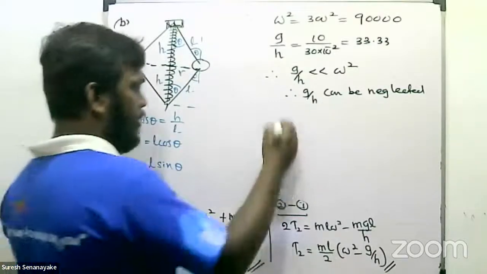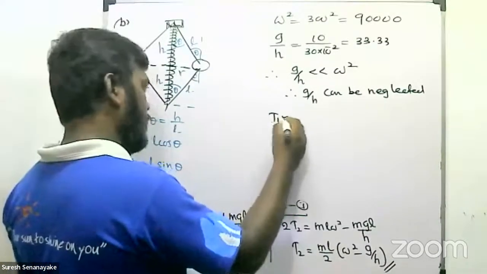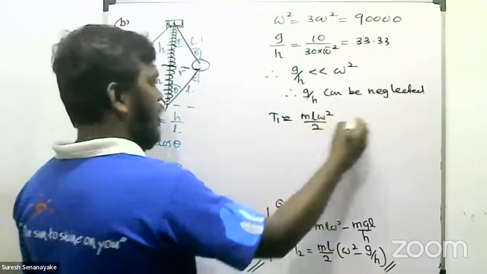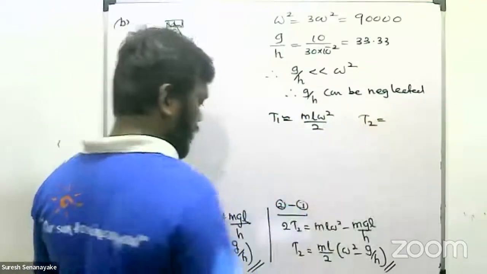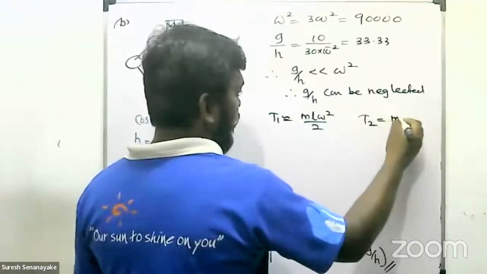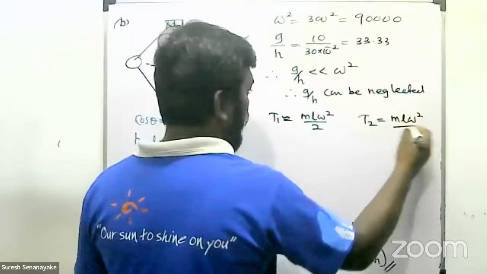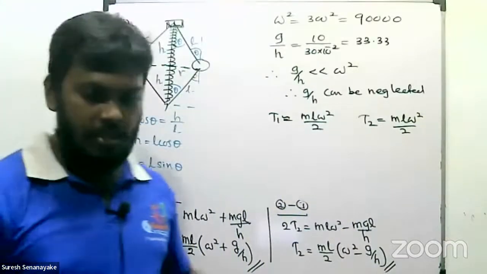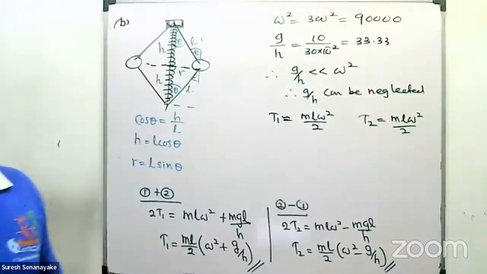That means the T1 you can write as approximately equal to m L omega square over 2. And the T2 also you can write as approximately m L omega square over 2, because g over H is neglected. T1 and T2 are then equal, considering this as neglected.